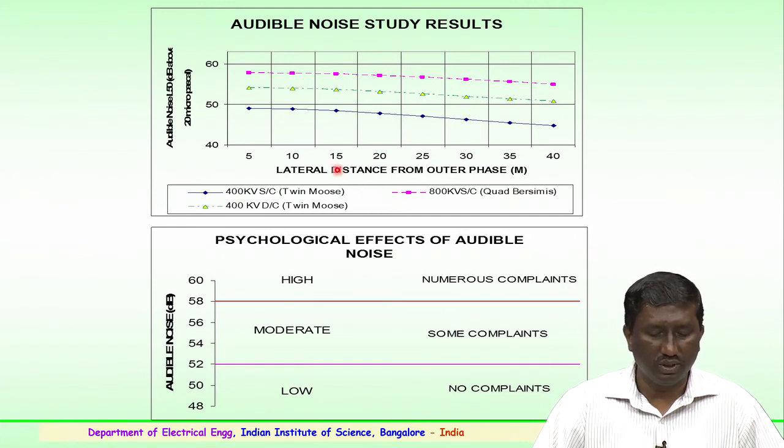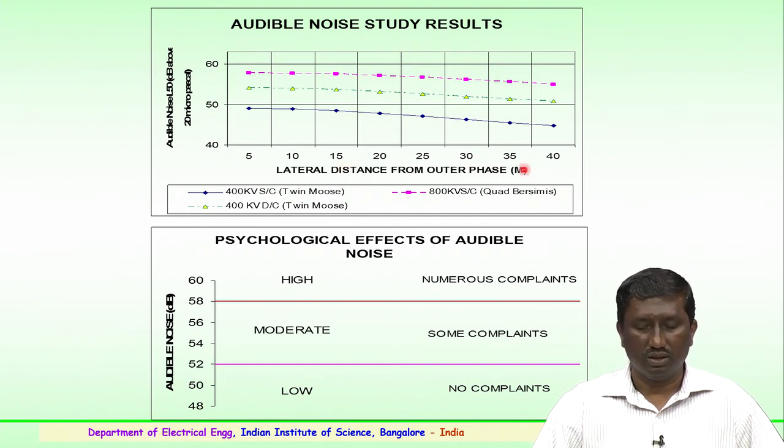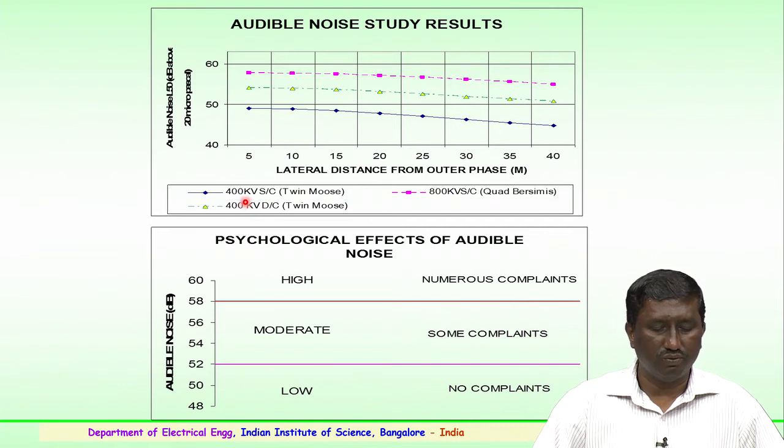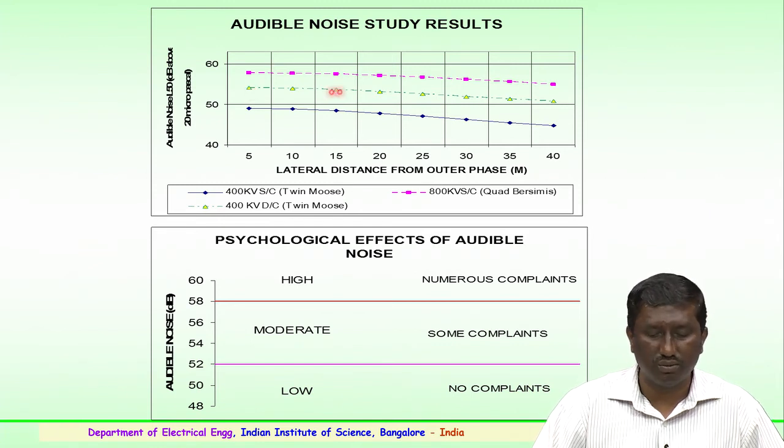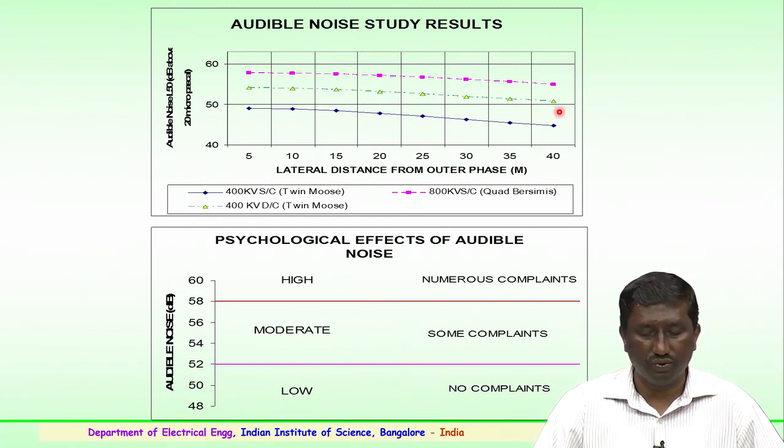As you move away from the tower, in case of 400 kV single circuit twin Moose, the noise reduces from around 48 decibels to a lower level. Similarly, for 400 kV double circuit, it decreases from 54 to 55 decibels to somewhere around 50 dB.